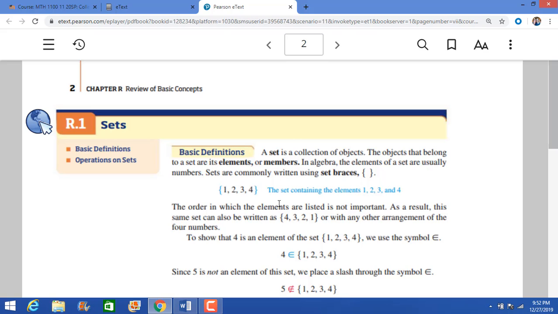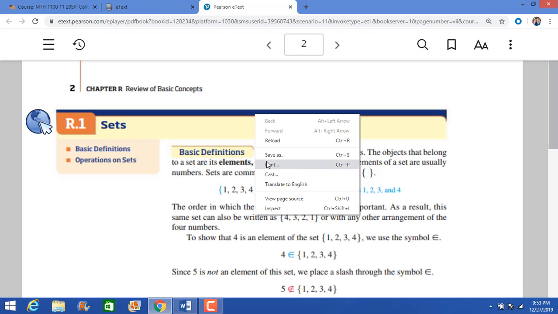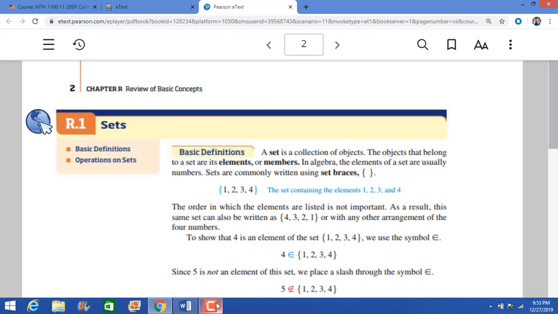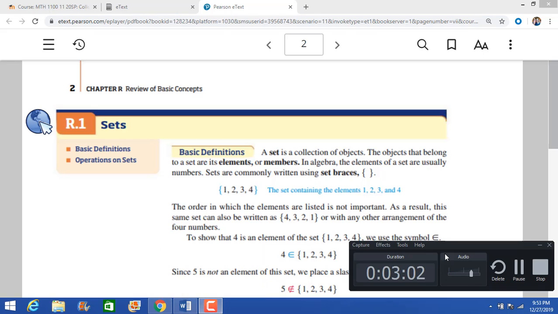Okay, so I could have the same set denoted this way. Let me do this. Okay, where is... For some reason I can't get the pointer.